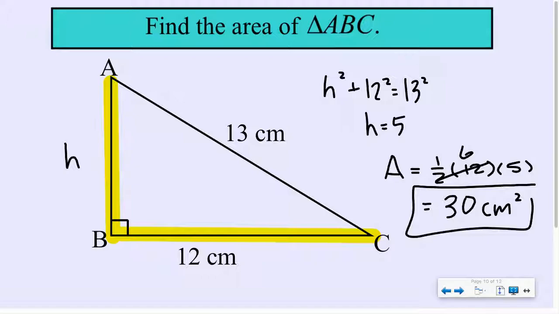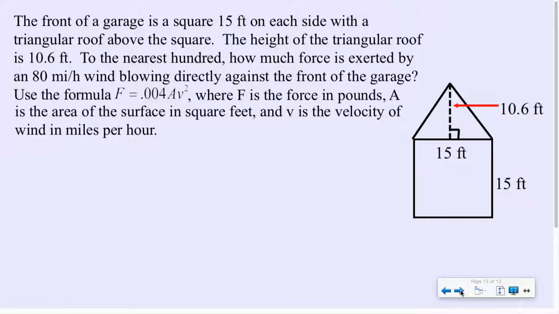Okay, we have one more to do. The bottom one on the next page. This is an ACT type question. The front of a garage is a square 15 feet on each side with a triangular roof above the square. The height of the triangular roof is 10.6 feet.